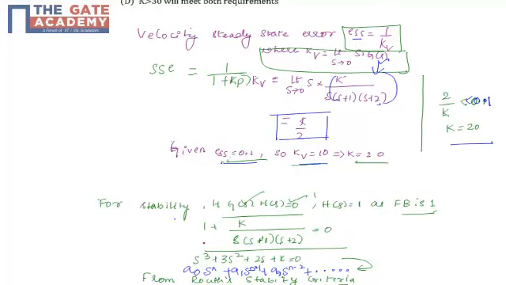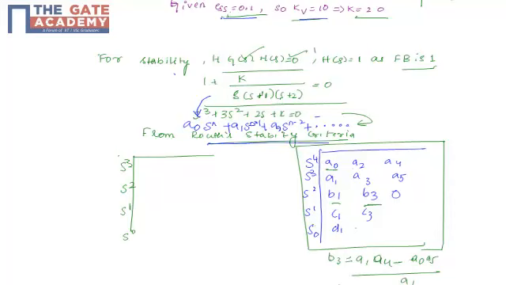Reducing this equation, we obtain this characteristic equation, and comparing it with the Routh stability criteria, in order to find the stability factor, we have to write the Routh stability table. A0 is directly 1, A1 is 3, and A2 is 2.